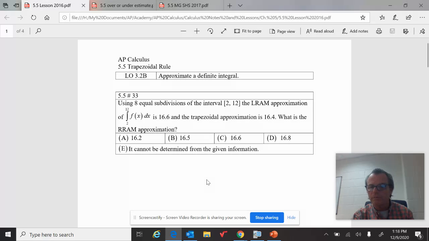So LRAM answer for this function is 16 and 6/10, and the trapezoidal approximation is 16 and 4/10. What must RRAM be? You can pause this as you work that out, and you would get 2 minutes for this question in May, but you should be able to do this faster than that.